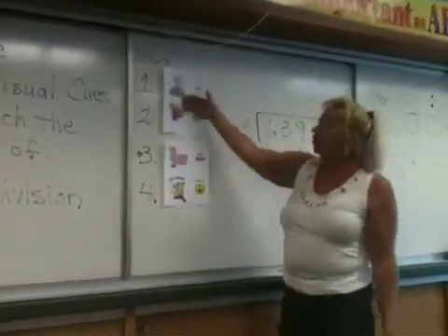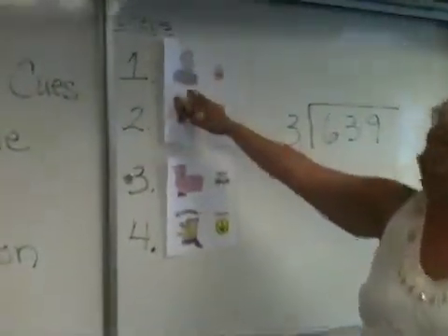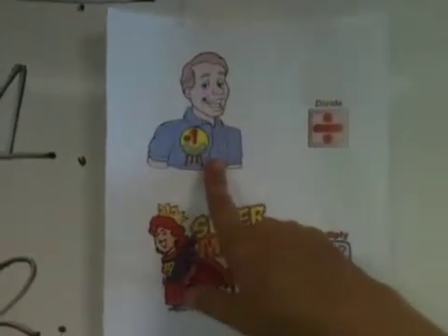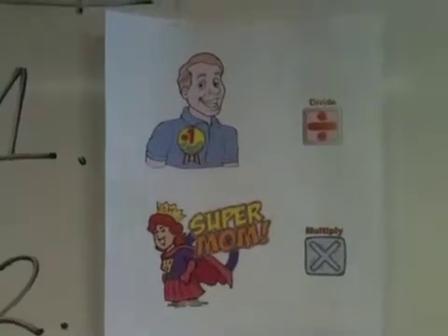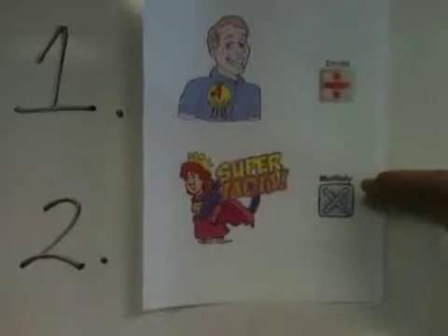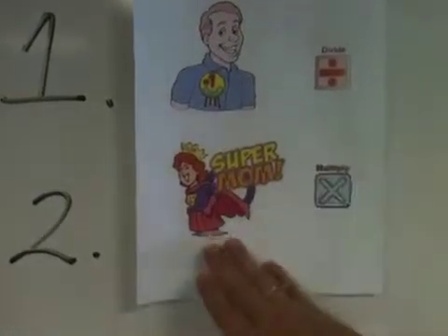As you can see over here, I have made visual cues. Step number 1 is going to be divide as it relates to dad, so that the children can associate the D in dad with the D in divide. The next process, step number 2, would be mom.